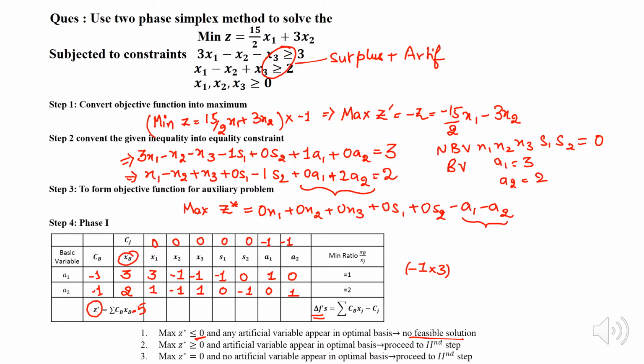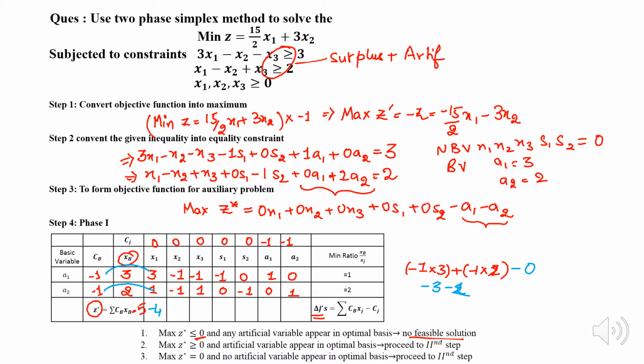Okay, then plus minus 1 into 2, here we are multiplying like this: minus 1 into 3, minus 1 into 1, and then subtract our cj value, which is 0. So it is minus 3 minus 2, so its value is minus 5. Okay, sorry, it's minus 1, not minus 2, it's minus 1, so here its value is minus 4.